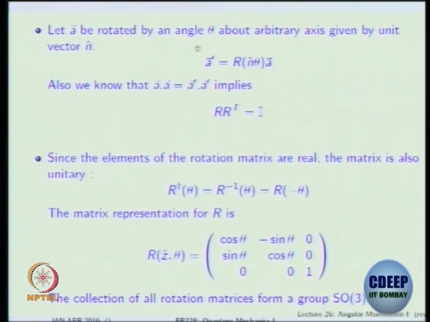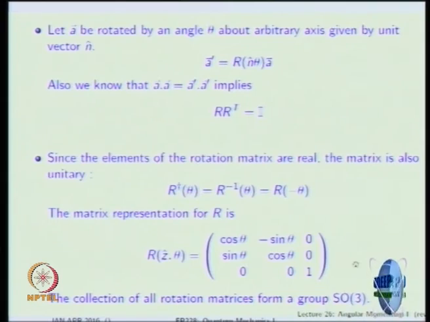So SO3 is fancy language. If you go and see any book, you will see SO3 is the group of rotations. So this is nothing but a collection of all the rotation matrices about any arbitrary axis. Okay? Don't get scared by this notation.